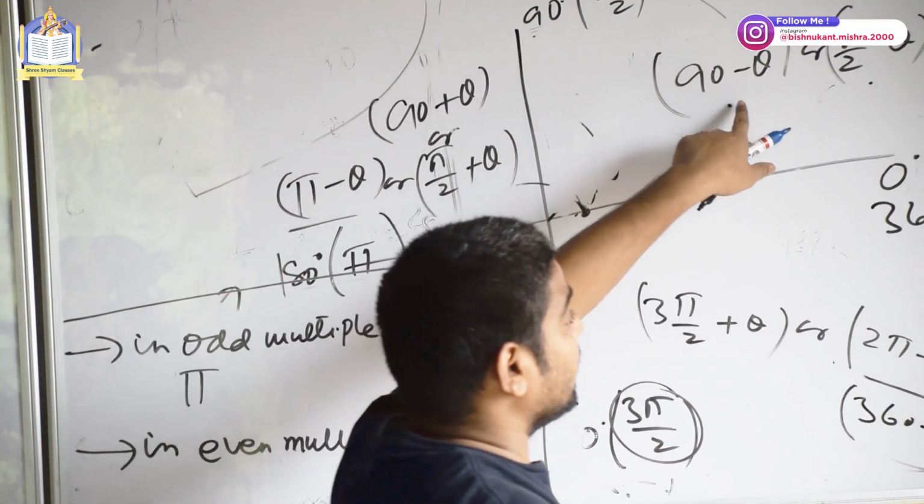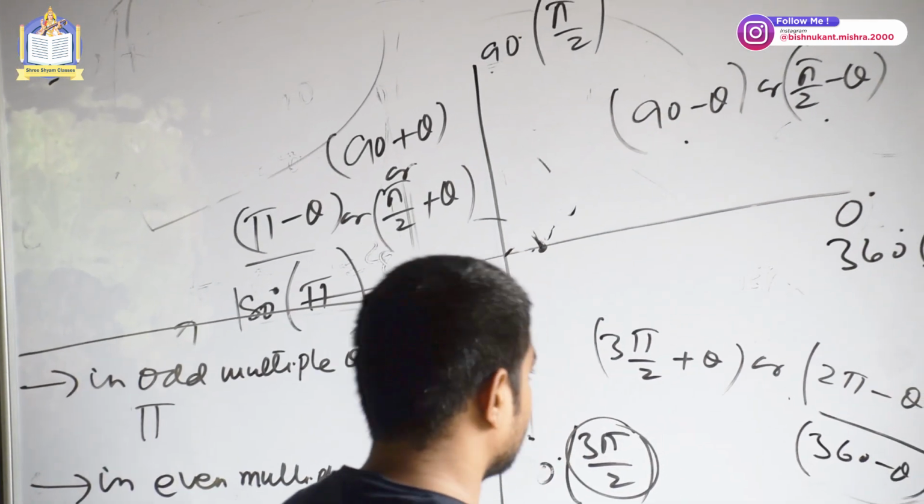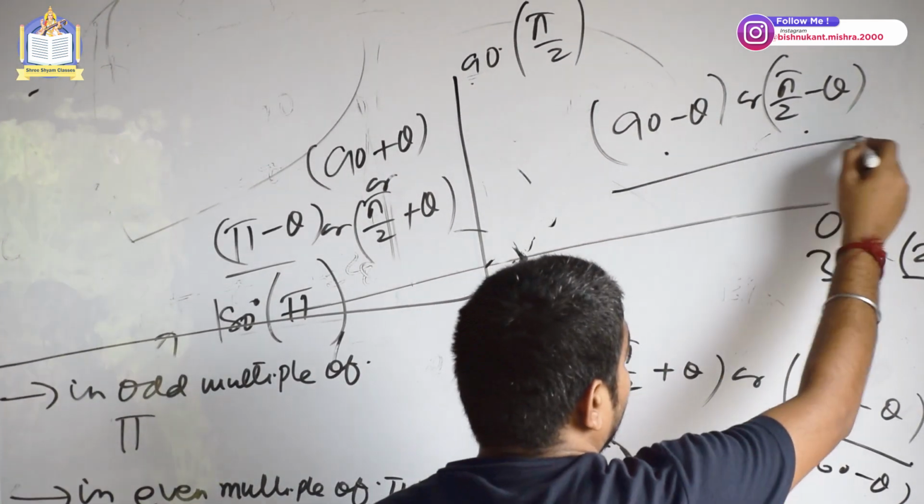So this area is 90 minus theta, or pi by 2 minus theta.